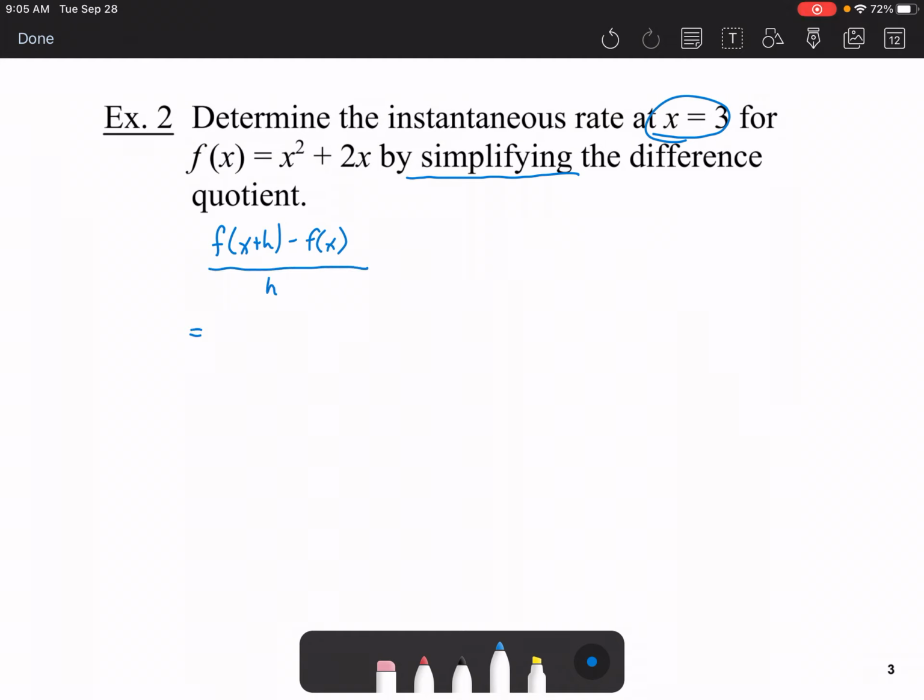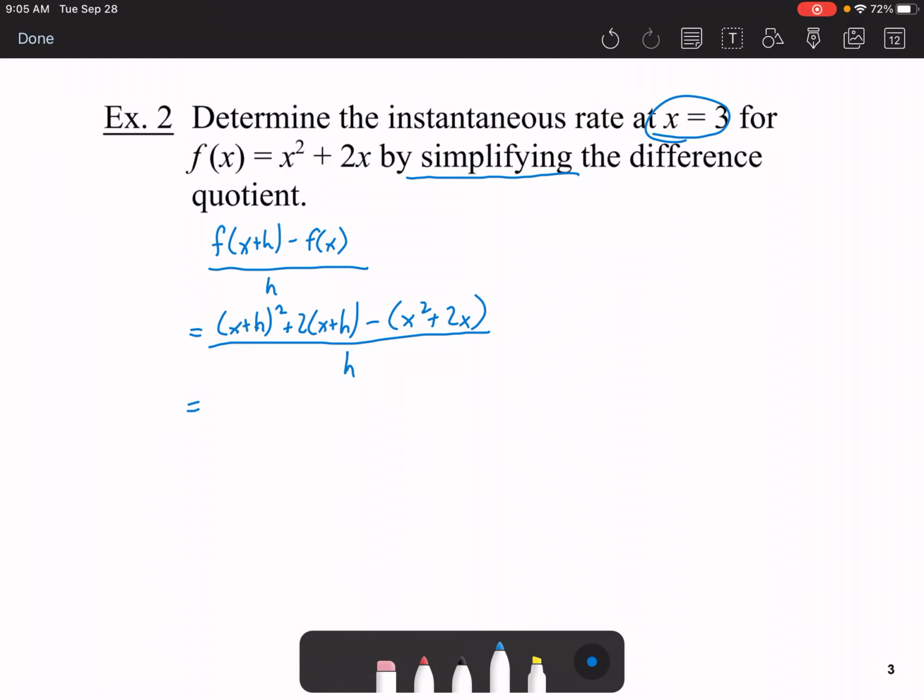This time we're substituting x plus h into the function. We're subtracting f of x, which is x squared plus 2x, from it. This is going to go all over h. Don't forget the all over h part.